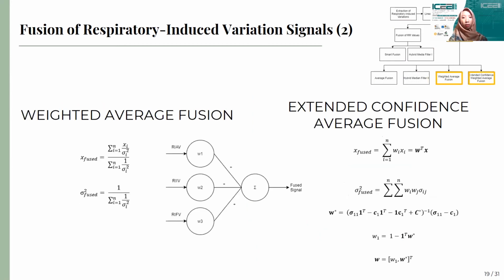The next two methods come from the robotics topic. Basically, they multiply the three respiratory-induced variation signals by three different weights and then sum them into one signal. The first method calculates the weight using the variation of the signal, and the second calculates the weight using variations and cross correlations of the signal.